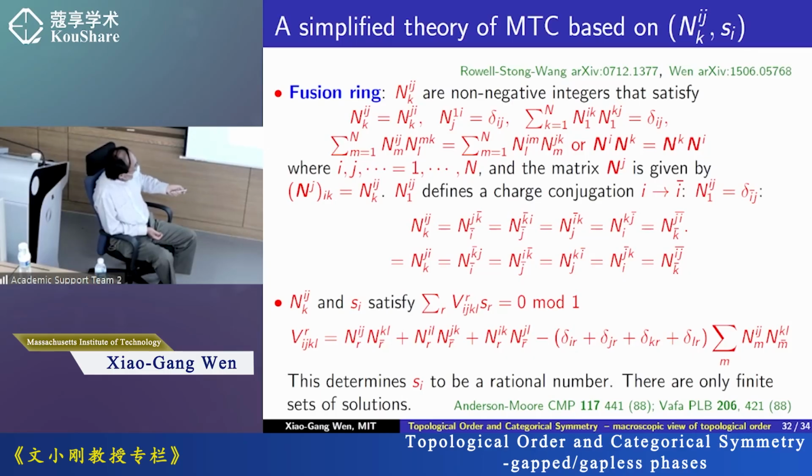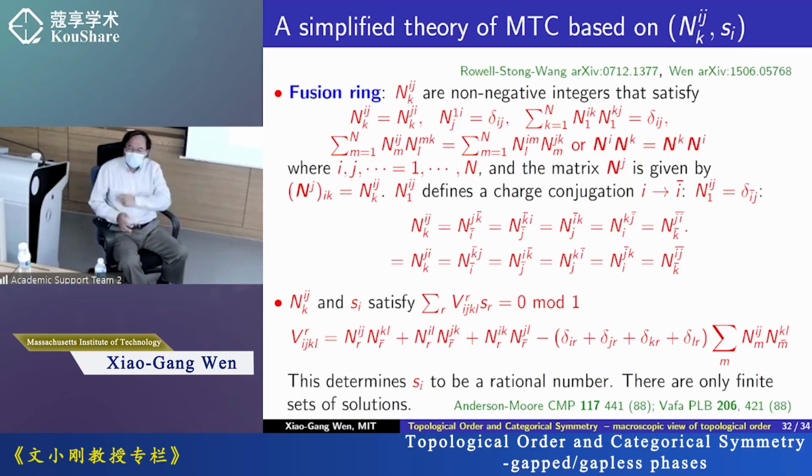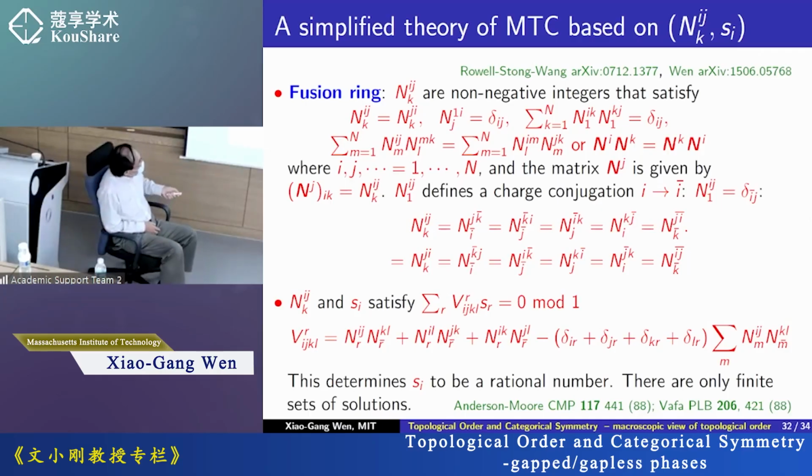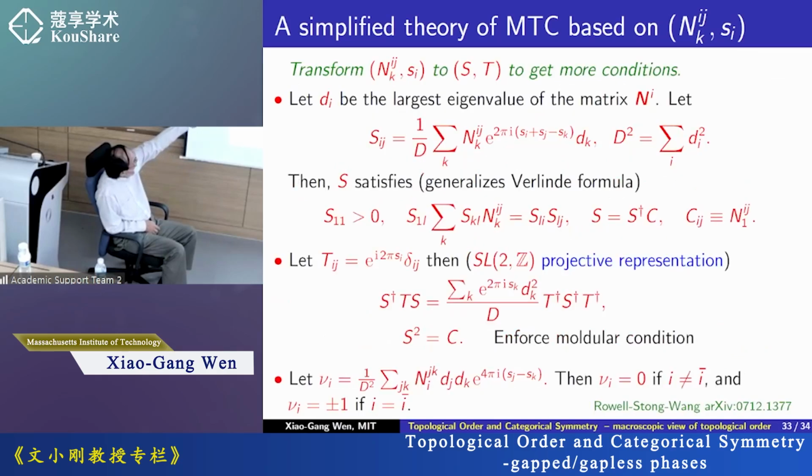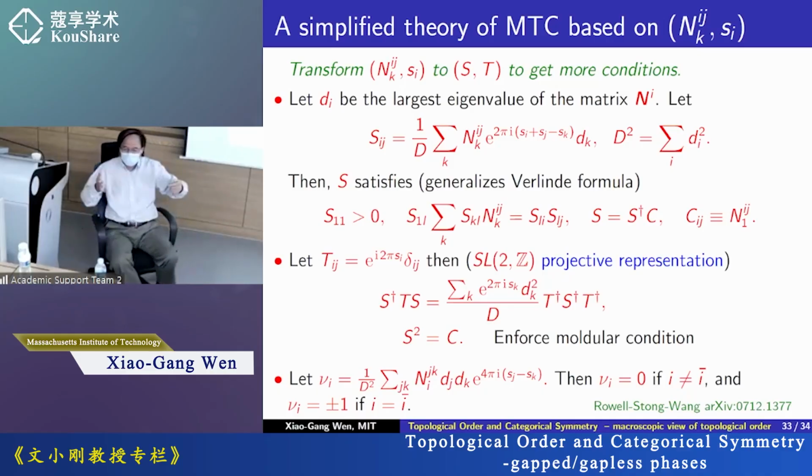And then there's an amazing thing: the topological spin and Nijk also satisfy this condition, where this V is this complete combination of Nijk. So there's a lot of study, and we get a lot of conditions. Then we can use Nijk to construct the ST matrix, and the ST matrix should form an SL2 representation, etc. Basically there's a lot of math.